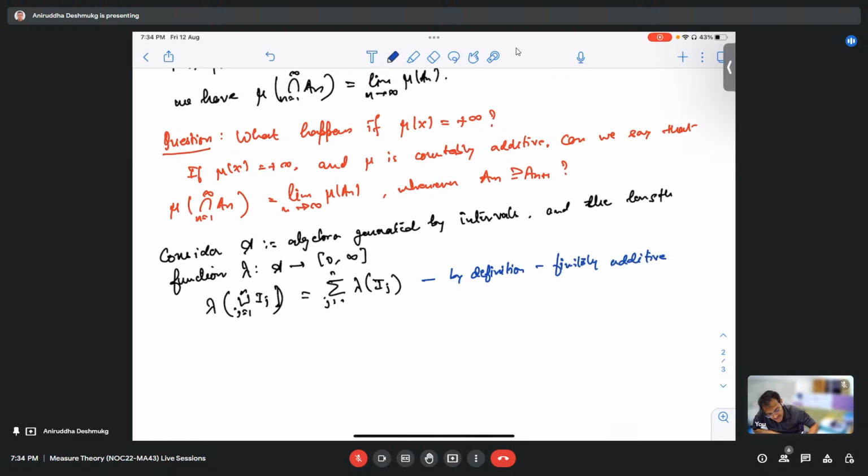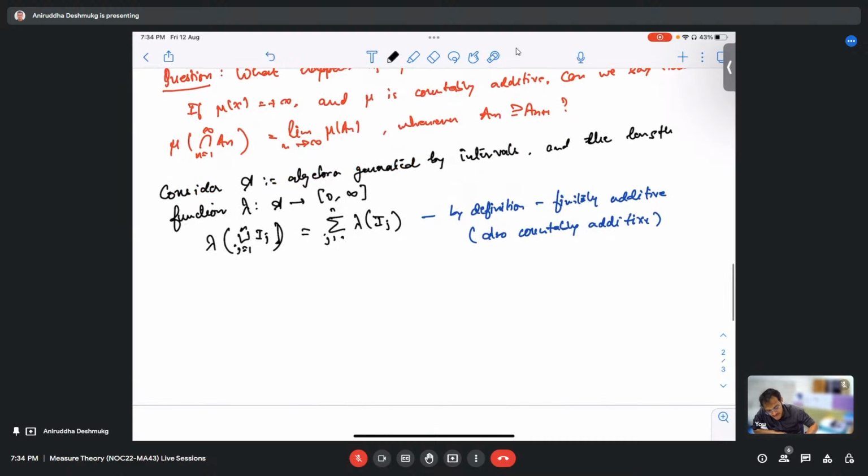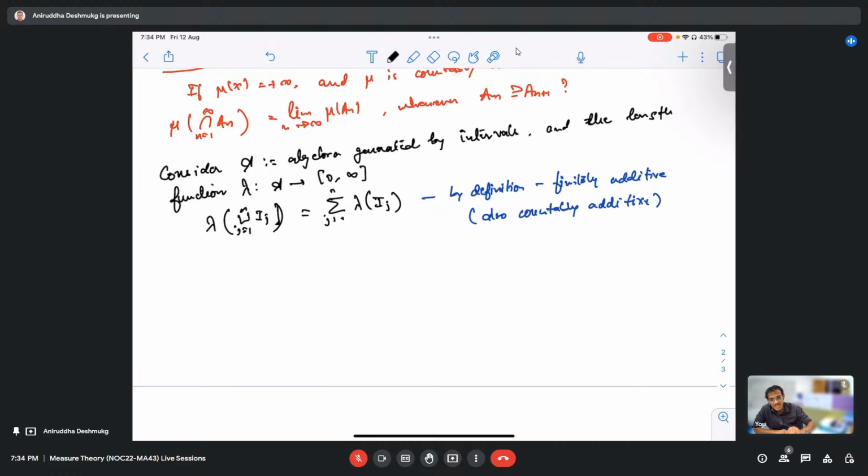And in fact, one can check that it is also countably additive. We have already seen this in one of the lectures previously, but to convince yourself, you can check that this is actually countably additive.